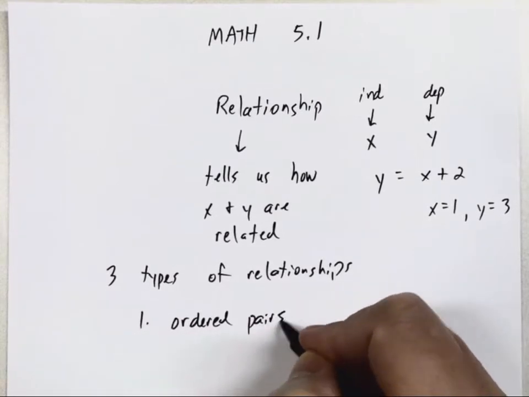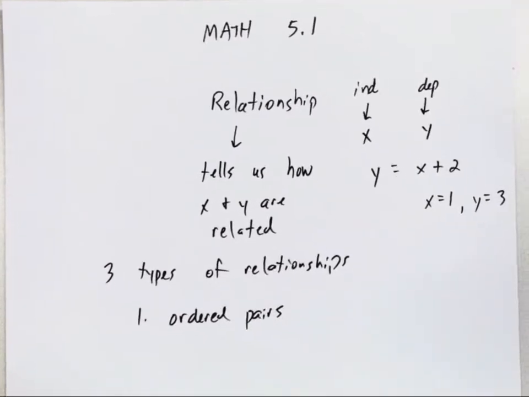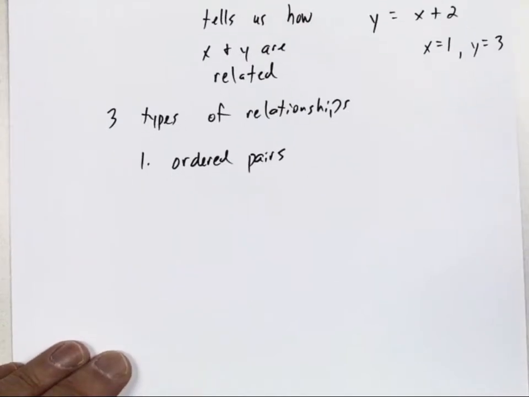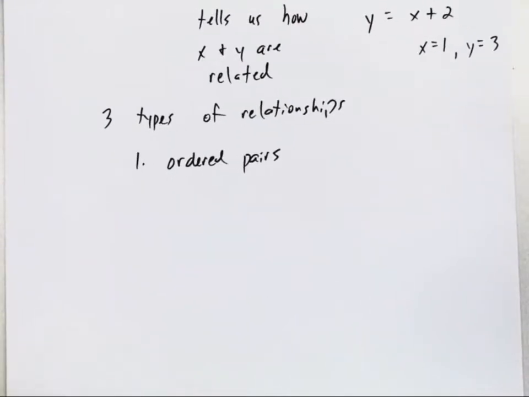The first one is the simplest, and it's the one we don't use that much. They can give you a set of ordered pairs, and that will define how x and y are related.